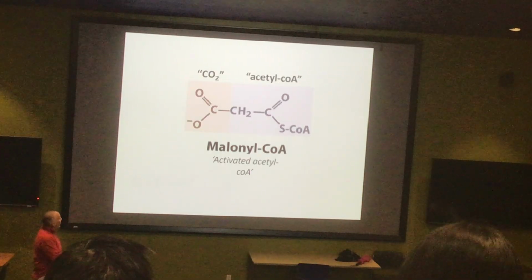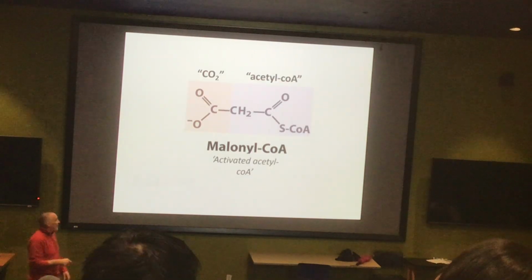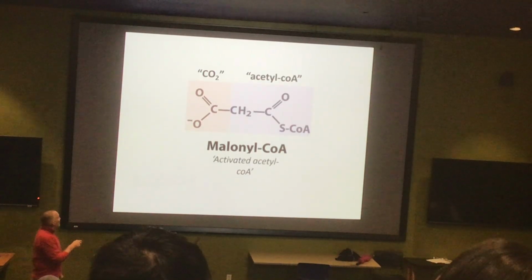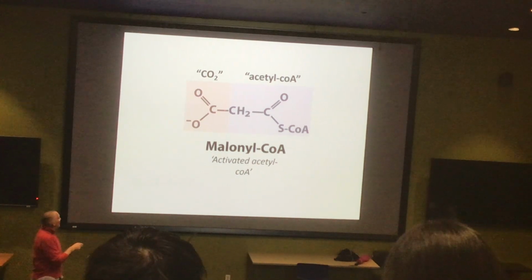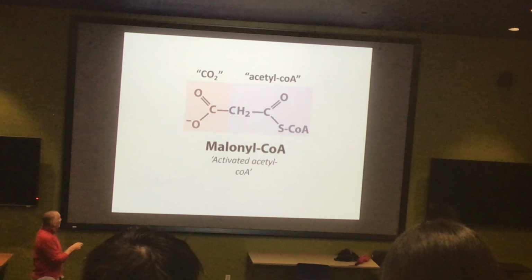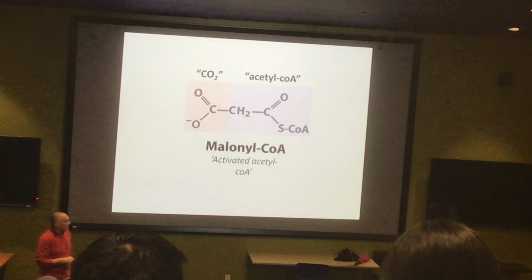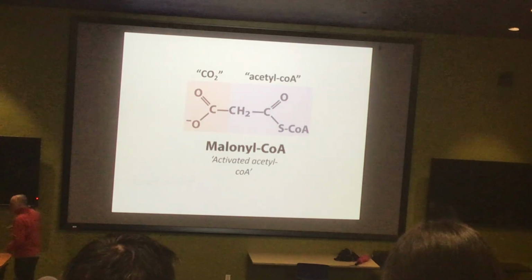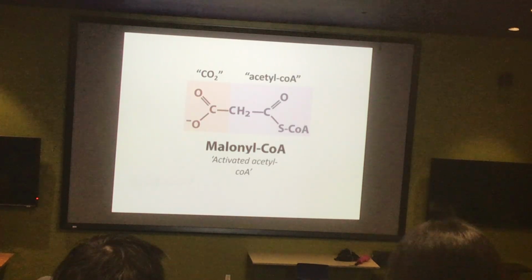Here's the acetyl-CoA part, so this is the part that's actually going to be incorporated into our growing fatty acid. And here's the carbon dioxide, which is really the activated group. We know that these electrons right here can easily be delocalized into this structure here if the carbon dioxide is lost. So this is another way of saying malonyl-CoA is just activated acetyl-CoA.